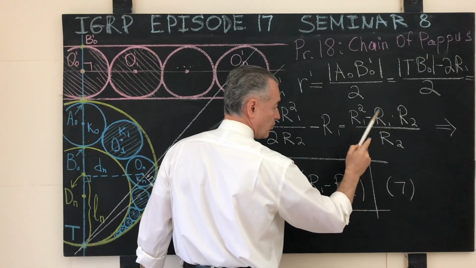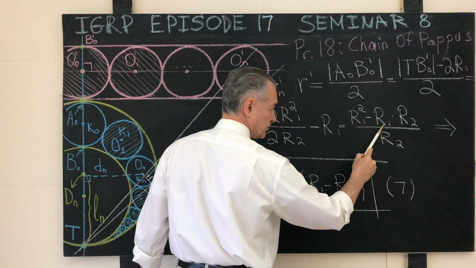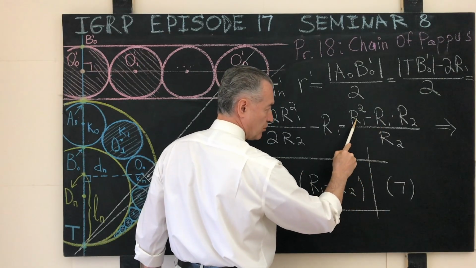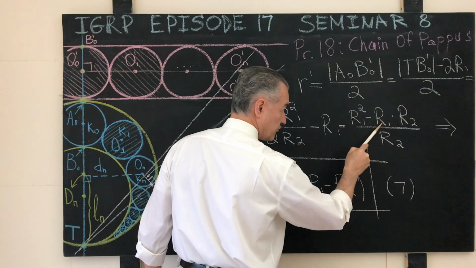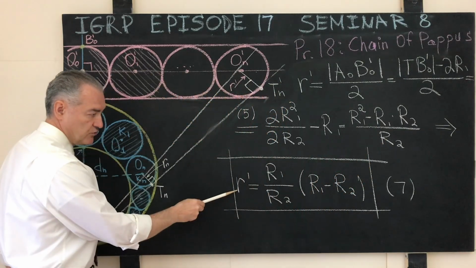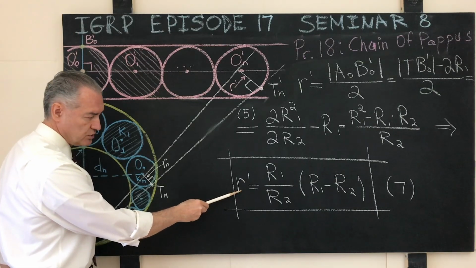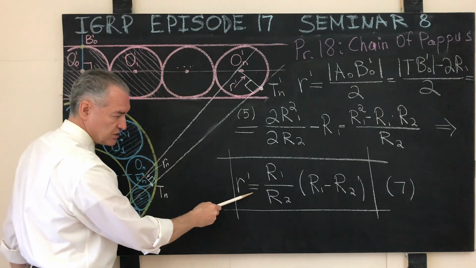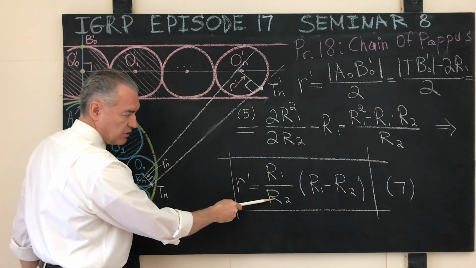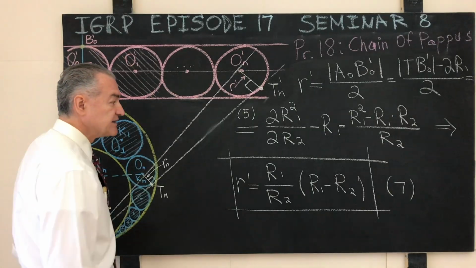Here 1 copy of R1 can be factored out from both of the summands. Here there will be nothing left. Here there will be 1 copy of the radius R1. Thus we will form the ratio of the radii of the generating circles, and for the radius of each inverted circle R prime, we have the following relation: R1 divided by R2 times the difference.